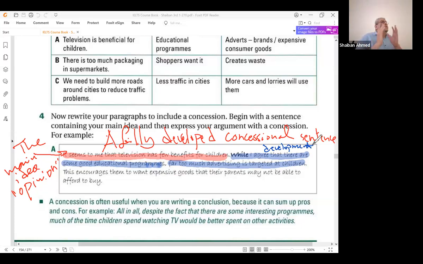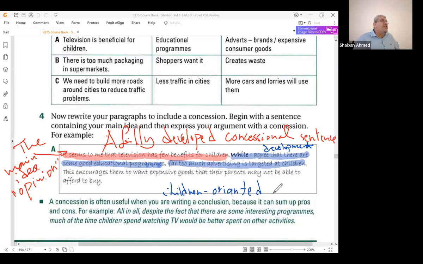When the advertisements target the children, the advertisements target young people, the advertisements target the housewives, the advertisements target a certain group of people, what do we call it? We say children-oriented.